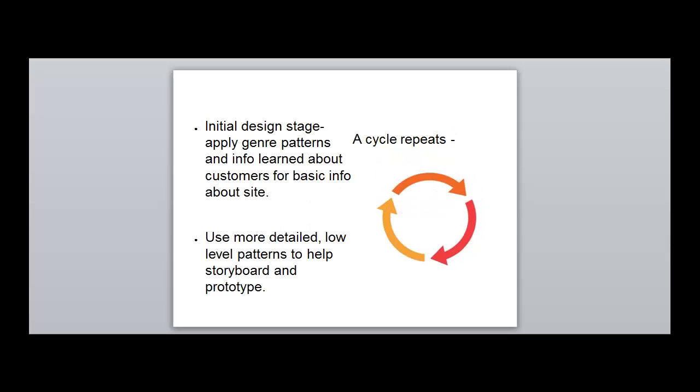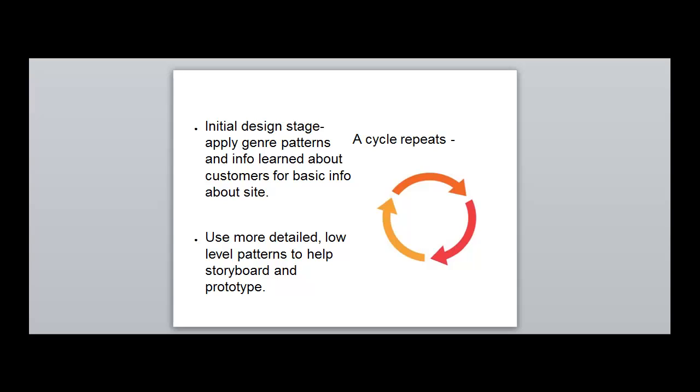Keep in mind that the cycle repeats. In the initial design stage, you want to apply the genre patterns and information learned about customers for basic information about the site. When we're starting to build that first design, we're going to look at the genre patterns out there, navigational methods, colors, those types of things that are already out there, and then build.